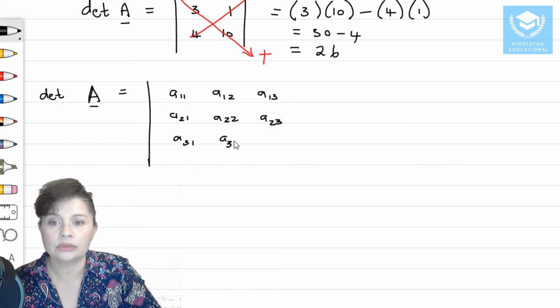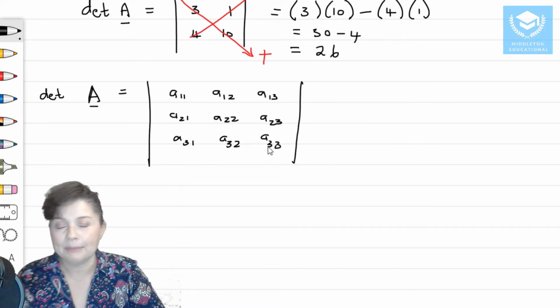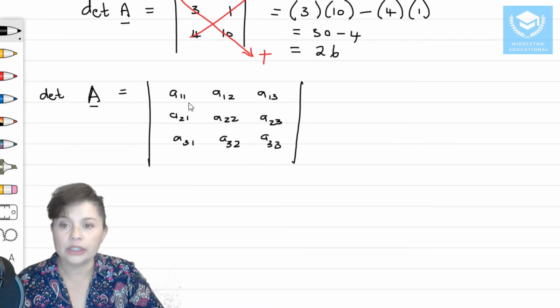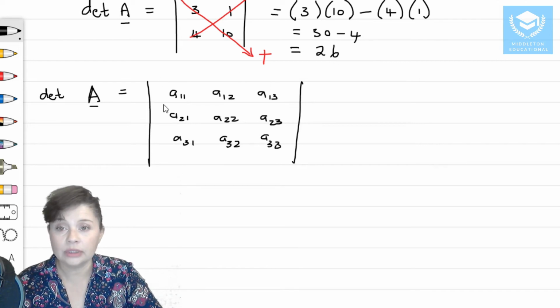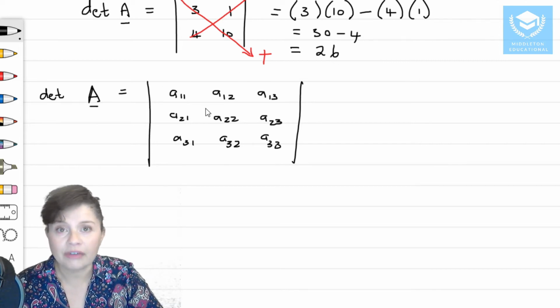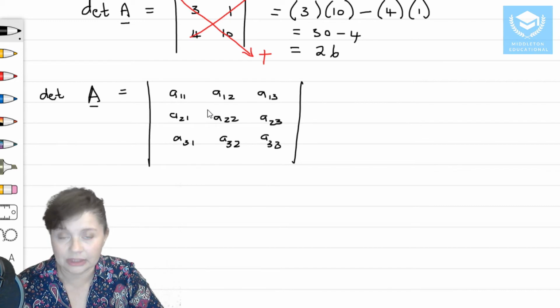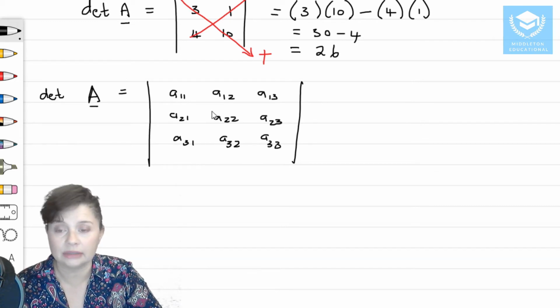So I use the notation for the elements in general. Okay, and what we're going to do is we're going to take the first row and use what we call cofactors and minors in order to find out what the determinant is.